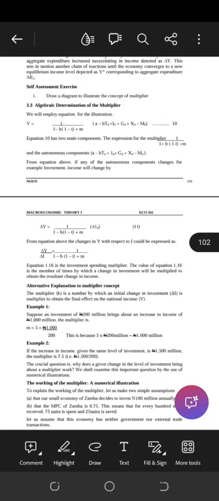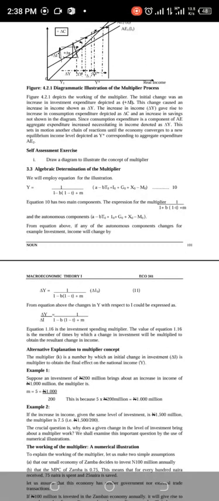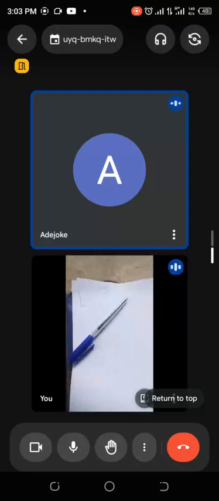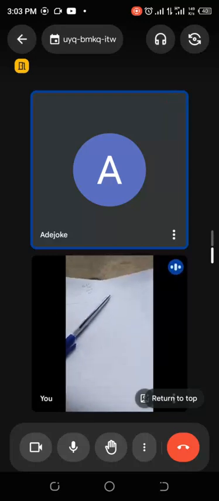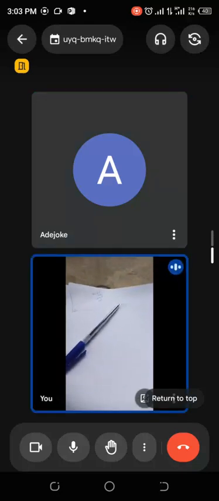Let me show you something to make you understand it better. Take GDP as an example. What that means is that we are not up to our potential.